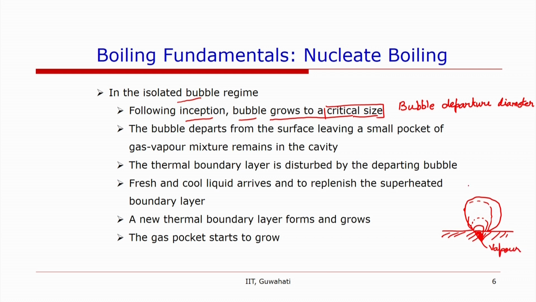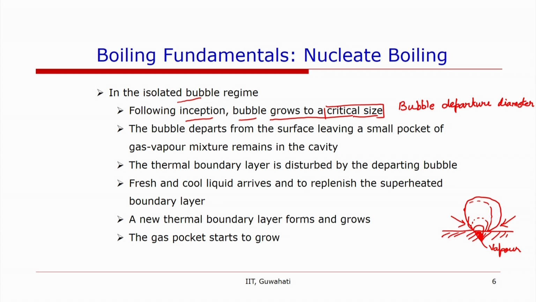And when the bubble leaves, the thermal boundary layer that was growing around the bubble is disrupted, and then fresh, cool liquid comes in and replenishes the superheated boundary layer. Then again a new thermal boundary layer grows, the bubble grows, and the gas pocket starts to grow, and the same process is repeated almost periodically if you keep the heat flux constant.